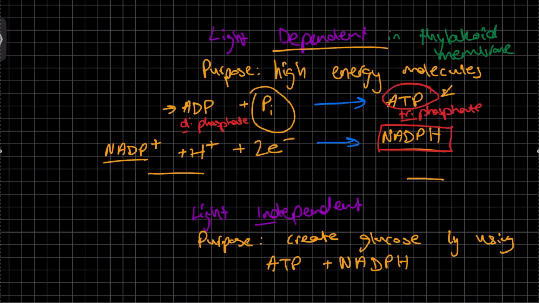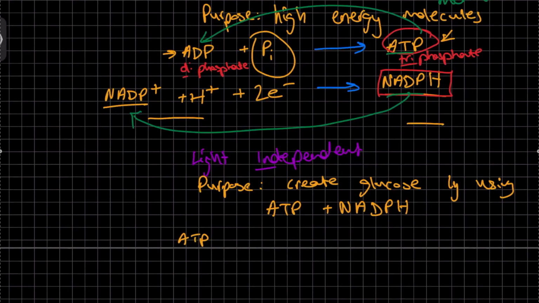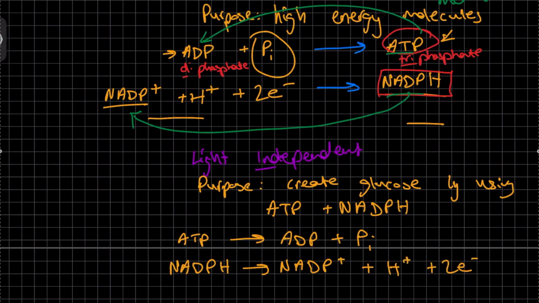This means that in the light-independent stage, we have the opposite reaction occurring, meaning that our high-energy molecules will be converted to their low-energy counterparts. So our ATP molecules will be converted to ADP and a phosphate group, and our NADPH will be converted to its low-energy counterpart, NADP+, a hydrogen ion, and 2 electrons.